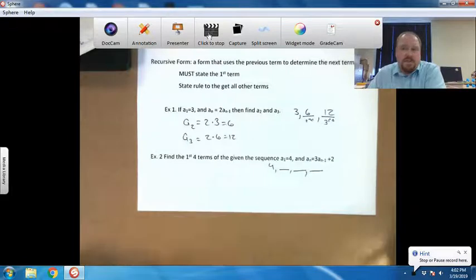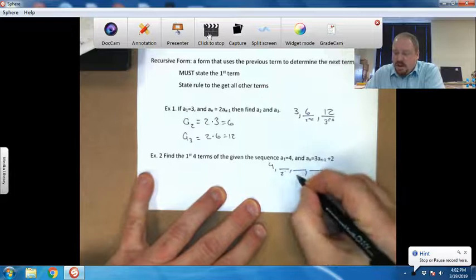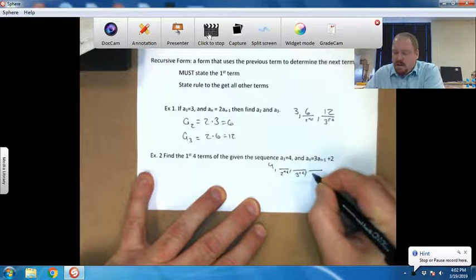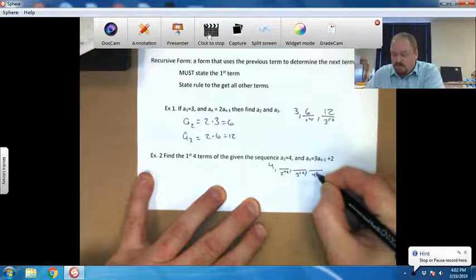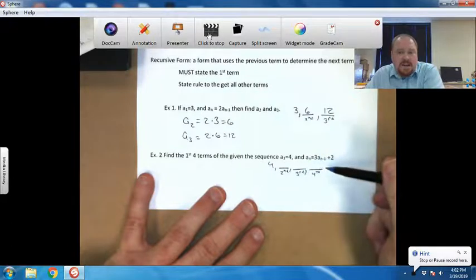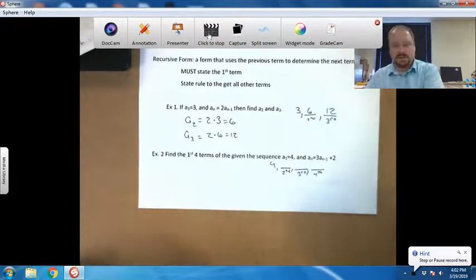You don't have to make the dashes. That's just something I do to help me keep things straight. This is a sub 2, a sub 3, a sub 4. And the only reason I'm putting the nd, rd, and th down here is so that I remember that it's not a fraction. That's all it is.